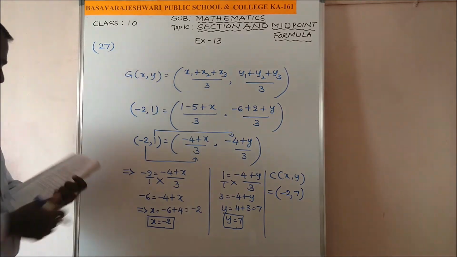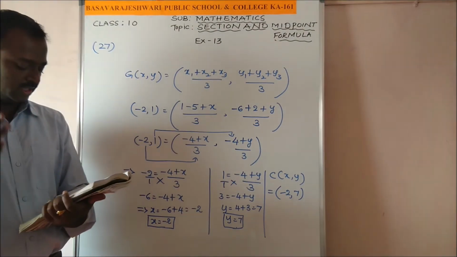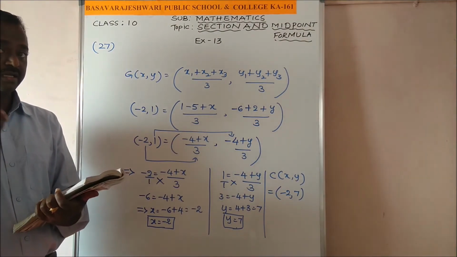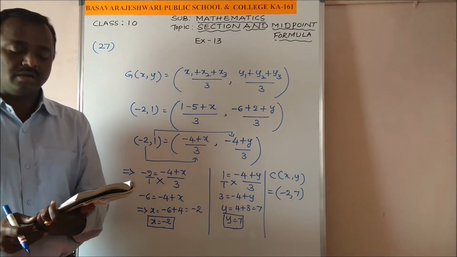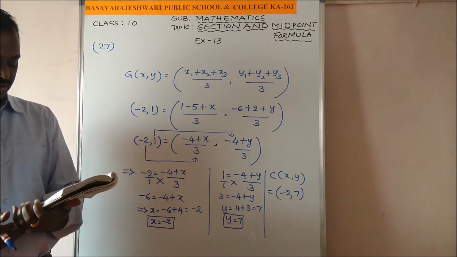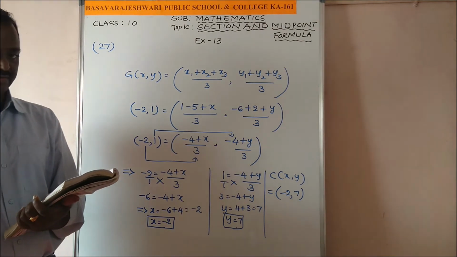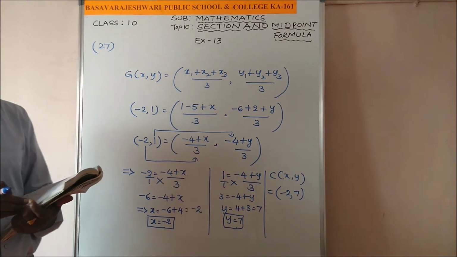So what does 27 say? They are given the three vertices of a triangle and they are saying that the centroid is the origin. So calculate the values of x and y. Some unknowns are given in the vertices.